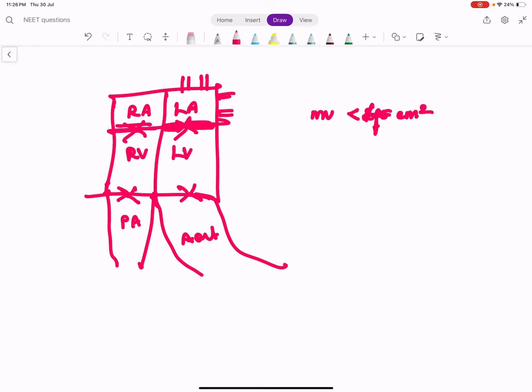In papillary muscle rupture or when there is a leak through the mitral valve during infective endocarditis, what happens? Blood from the LV goes into the left atrium, but the left atrium will not get distended. Whereas in chronic MR, when this process occurs again and again, the LA will get distended.